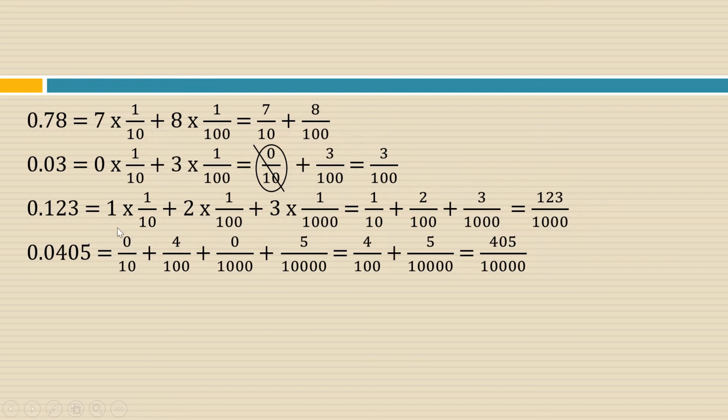Here 0 by 10 is 0 and 0 by 1000 is 0. Then this can be written as 4 by 100 plus 5 by 10,000 equal to 405 by 10,000.